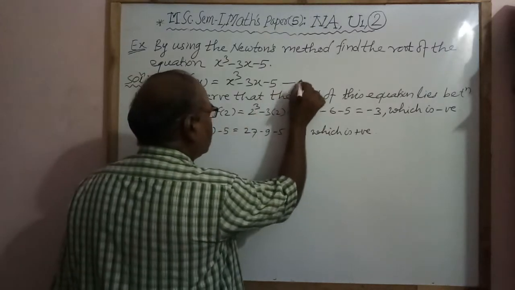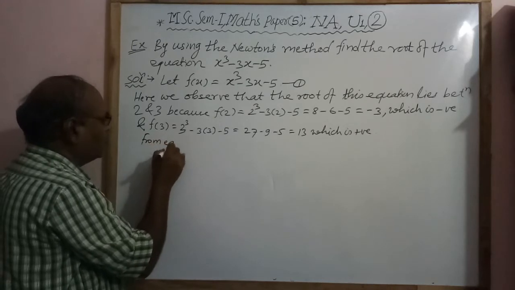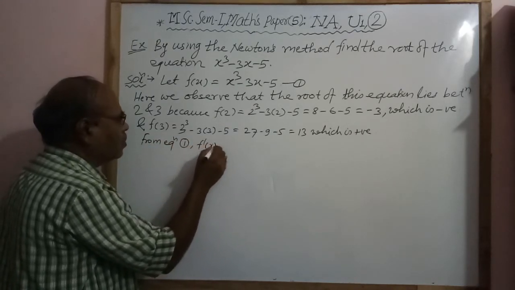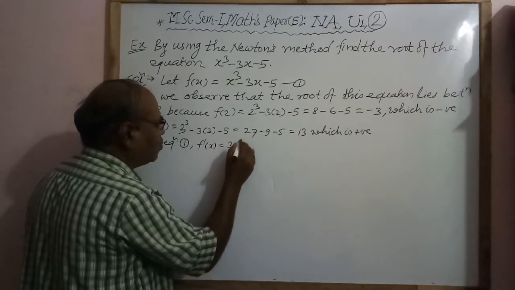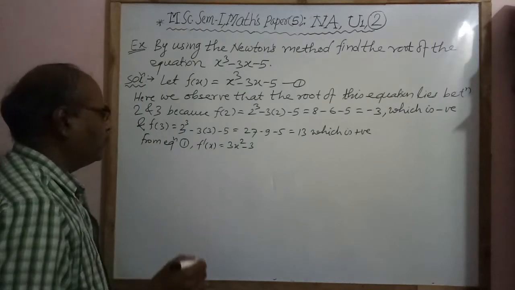Now from equation 1 we find the derivative. From equation 1, f dash of x equal to 3x square minus 3.